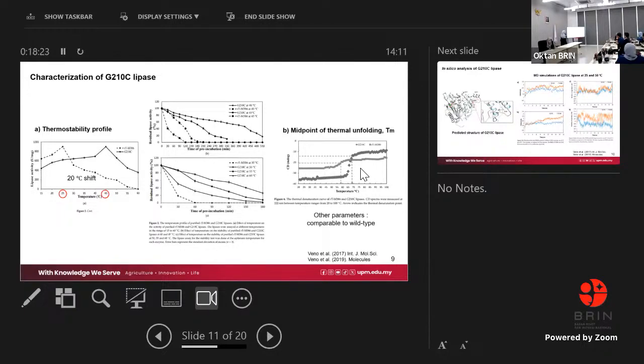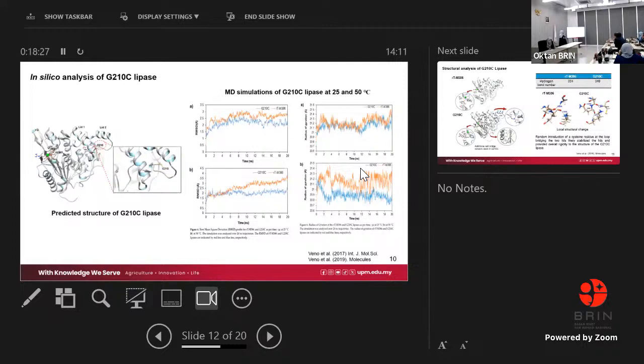And then we further studied the enzyme structure because we wanted to know what makes the enzyme thermostable.